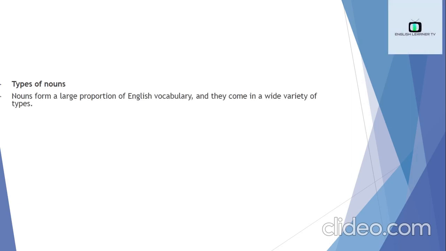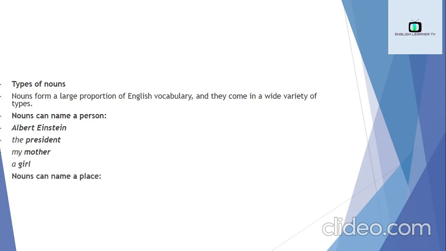Types of nouns. Nouns form a large proportion of English vocabulary, and they come in a wide variety of types. Nouns can name a person: Albert Einstein, the president, my mother, a girl.